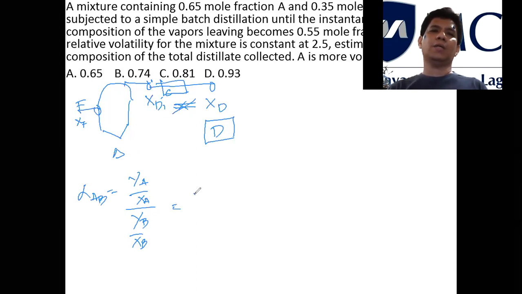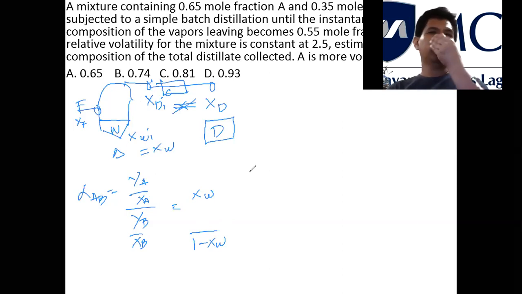Yung x sub A, equal yan sa XW. Ito namang x sub B, equal siya sa 1 minus XW. Bakit? Kasi, as you can see, siya yung liquid dito, yung waste, palagi siya yung in-equilibrium dun sa vapor. So, kung ano yung XWI, yun din yung XW. That's the thing you need to realize.